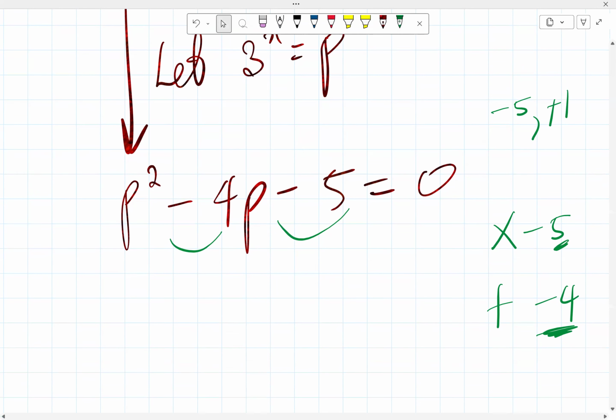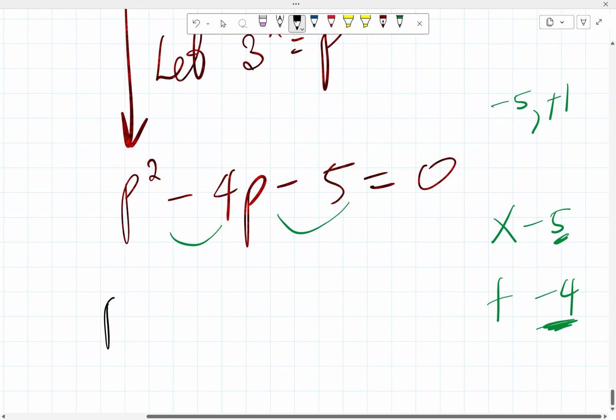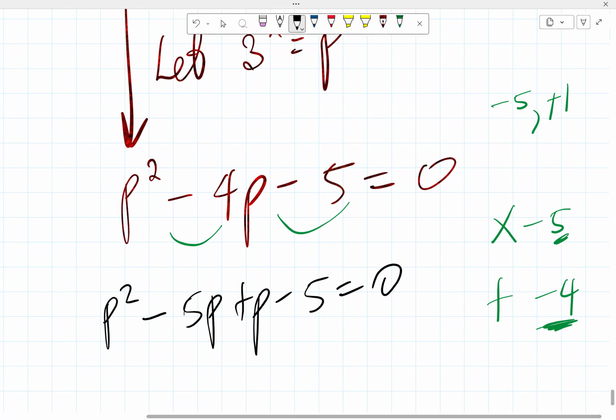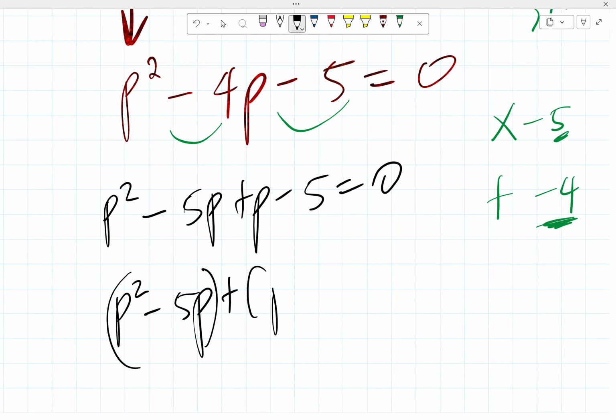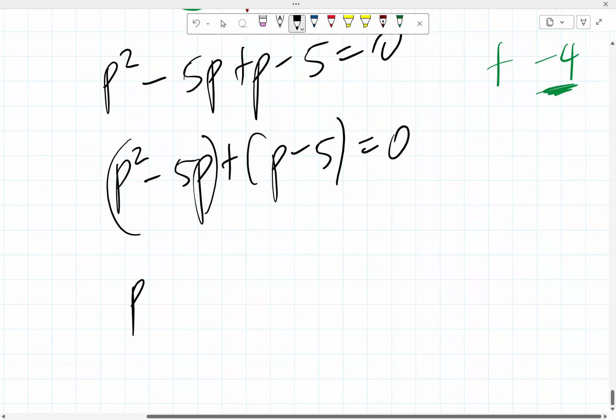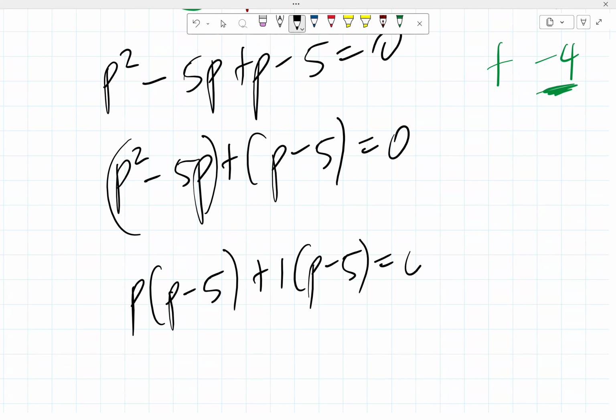So we can then come here and say this is p squared minus 5p plus p minus 5 equals 0. So now we can factorize. We have p squared minus 5p plus p minus 5 equals 0, so that p here is common, into p minus 5, plus 1 is common here, into p minus 5 equals 0.